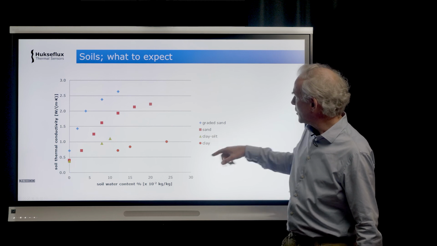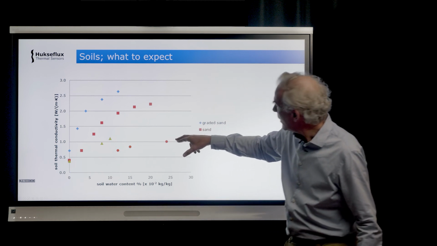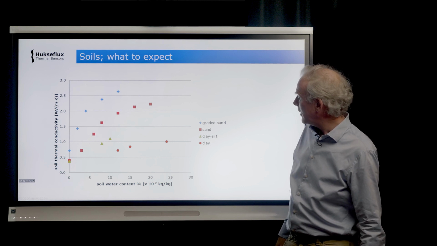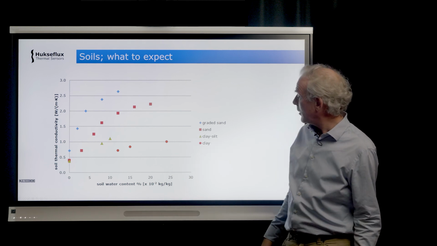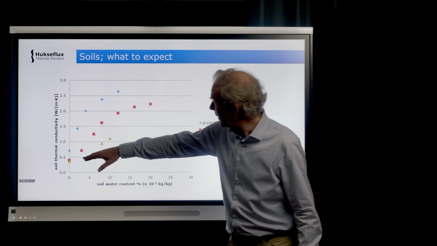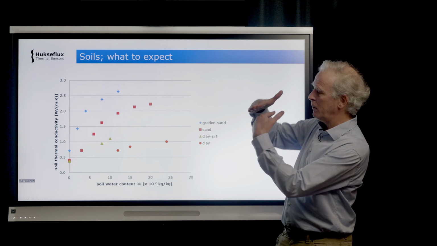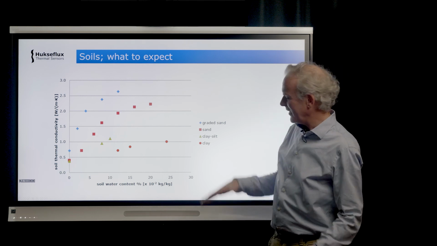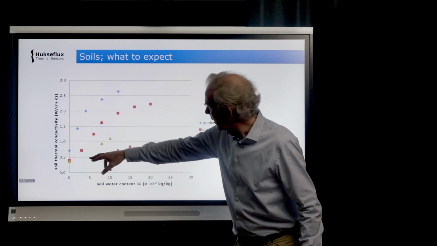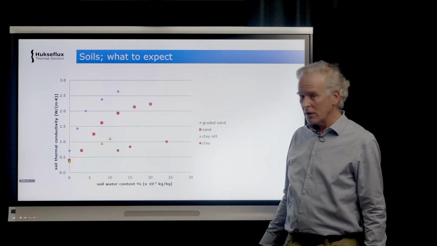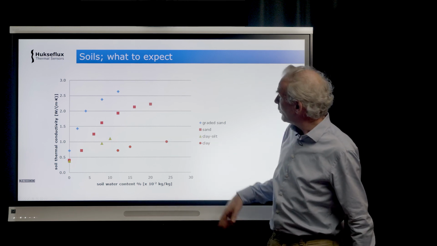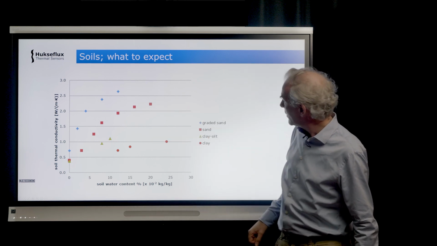Then there's clay here, where you can see that the water content, as a mass fraction, can be higher, but the clay is not a grain, but more like a plate. The overall thermal conductivity will top off at a lower value than for sand.